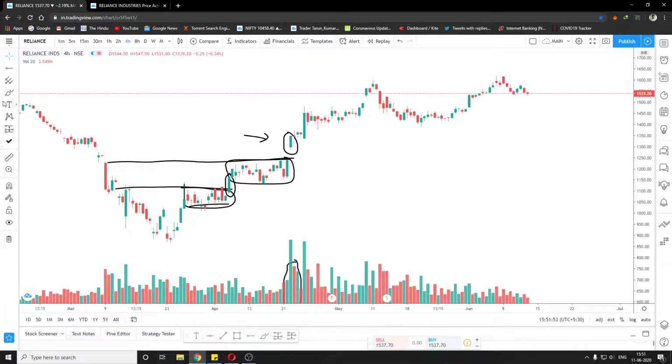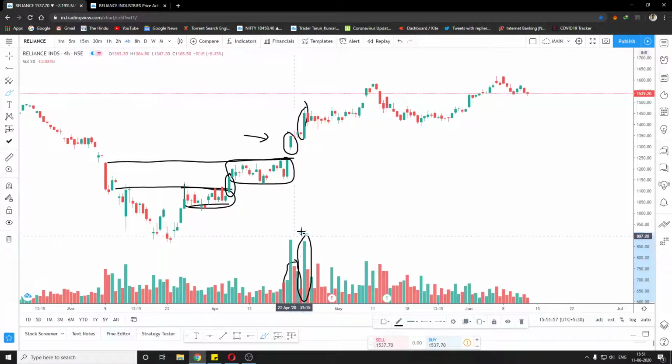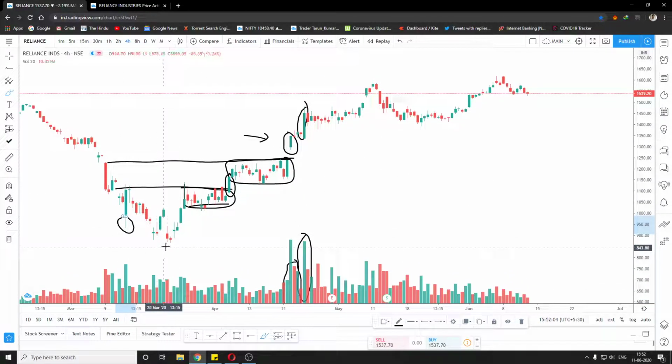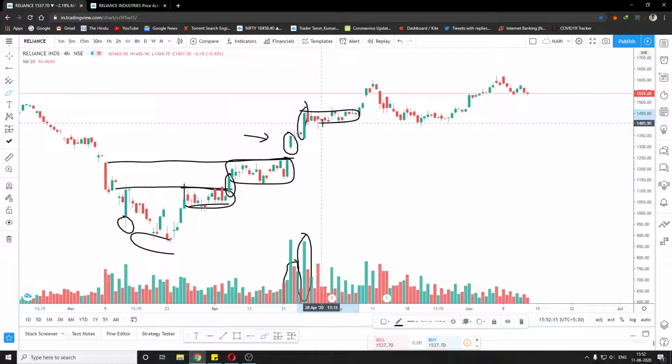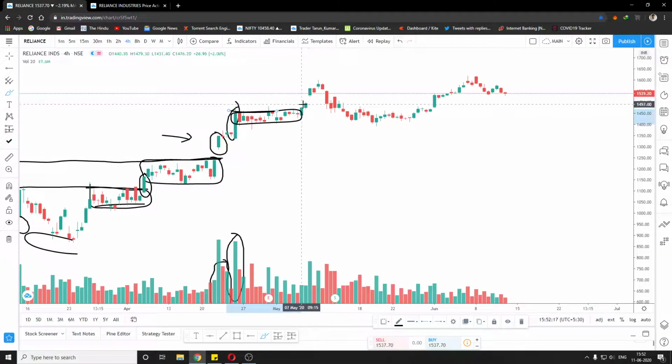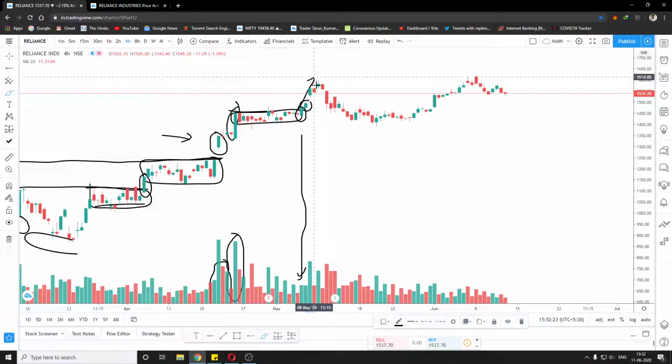Then we get another big candle which is supported by the volume as well. So we have to identify where the buying is happening, then we wait for support and resistance to form, and then we enter on the breakout of the support or resistance. So in this candle we add another range, and then we get a breakout at this candle. This is a small breakout.